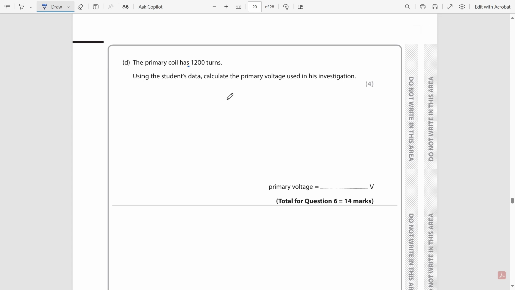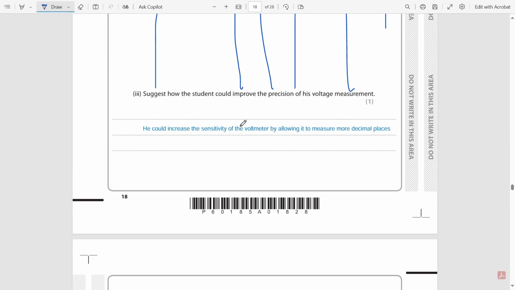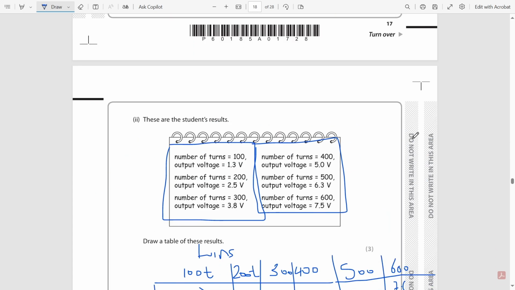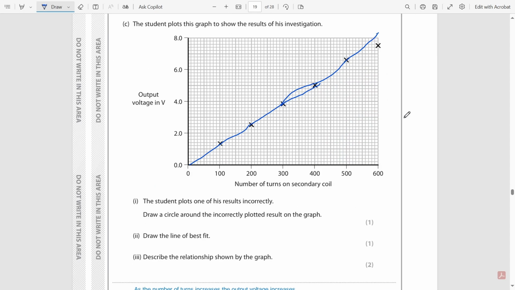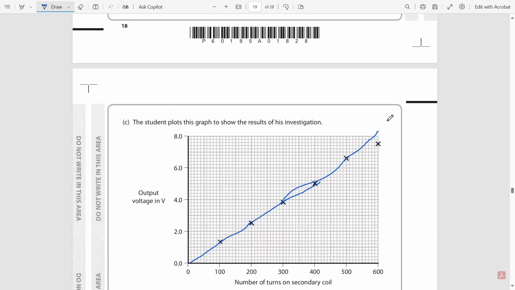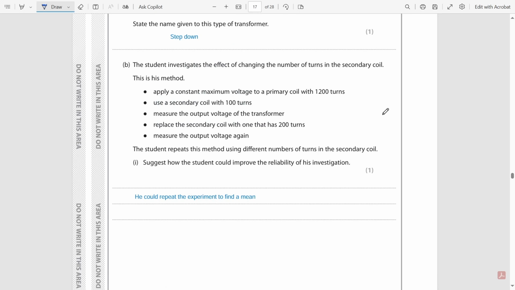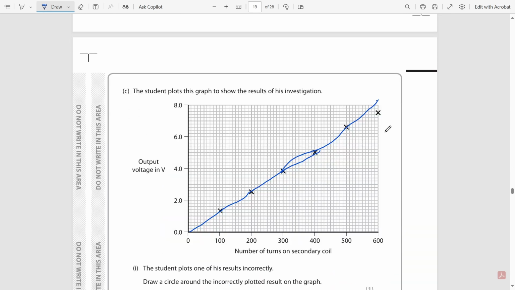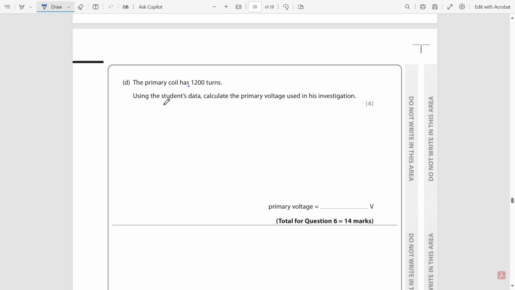Oh no. Primary coil has 1,200 turns. I see. Okay.